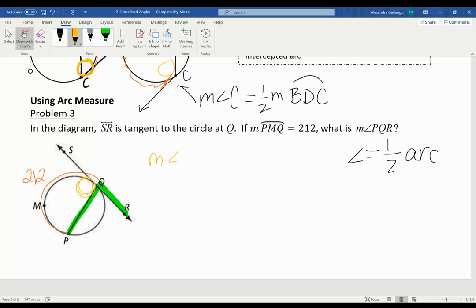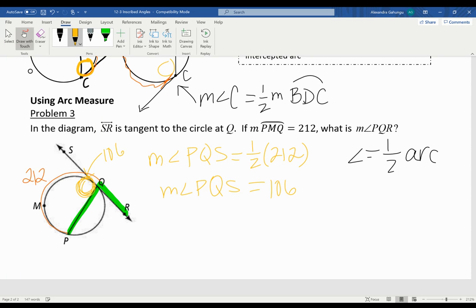So the measure of angle PQS is going to be half the arc. So it's half of 212, and that's going to be 106. So we've got 106 here.